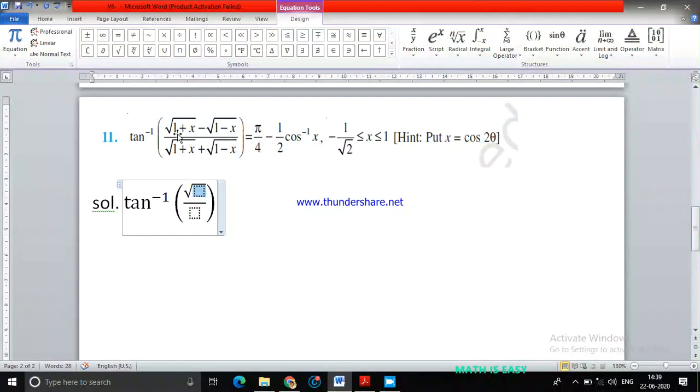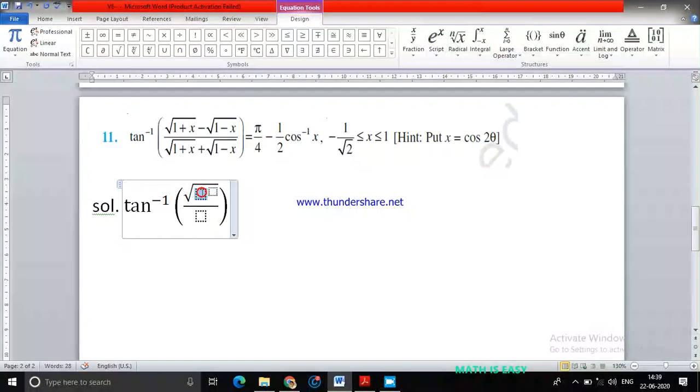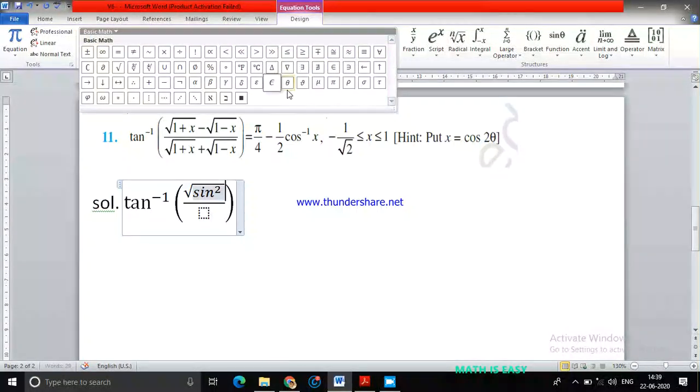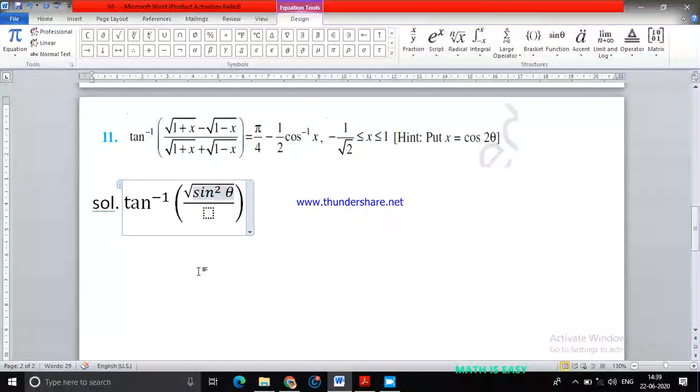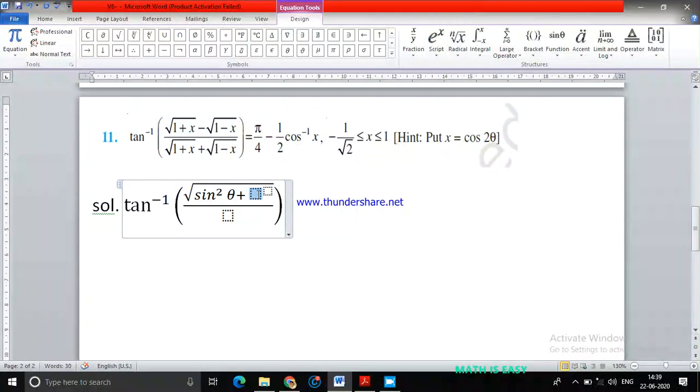Now in place of 1, I am going to replace sin square theta plus cos square theta.